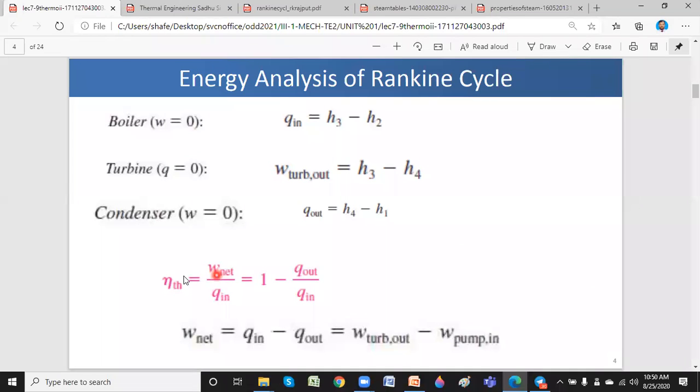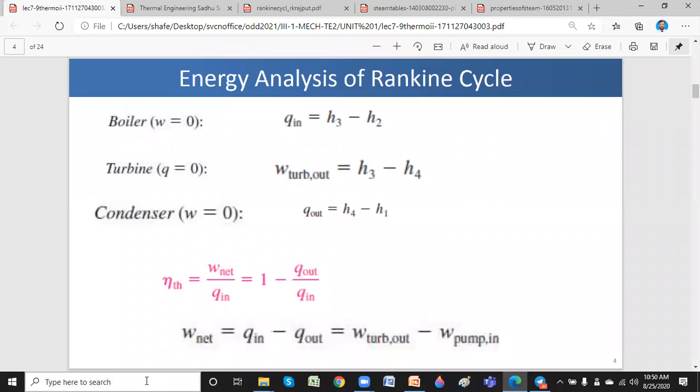Now, thermal efficiency or Rankine cycle efficiency is, as I said, net work by heat input or heat supplied. I can take the net work as turbine work minus pump work.